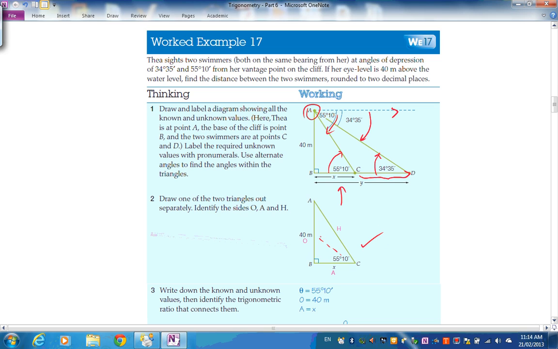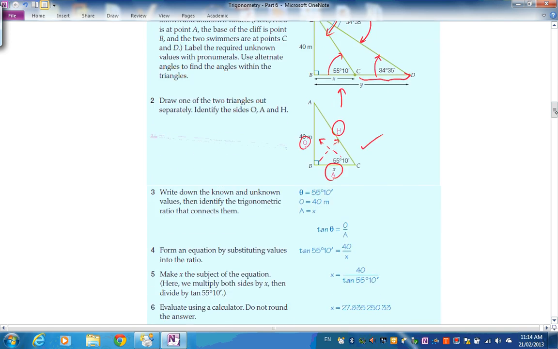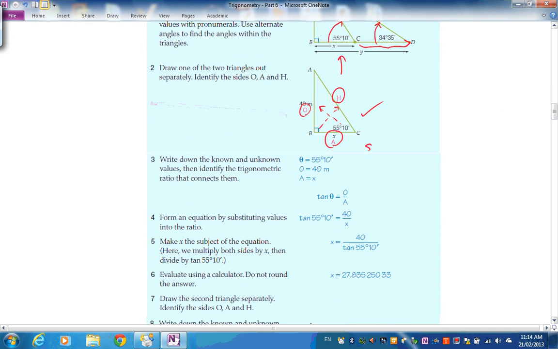Go to the angle, look out, that's the opposite. Go to the 90, look out, that's the hypotenuse. So the other one is the adjacent. So then we write SOHCAHTOA to work out here after we've stated the given information.